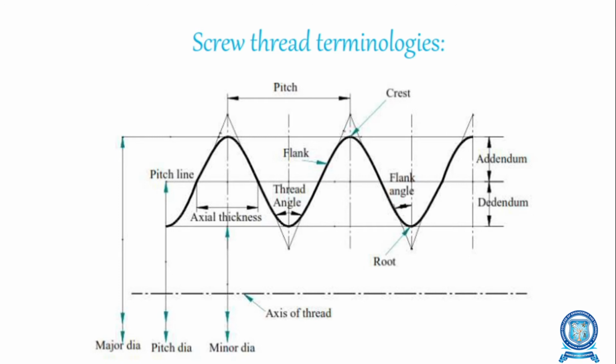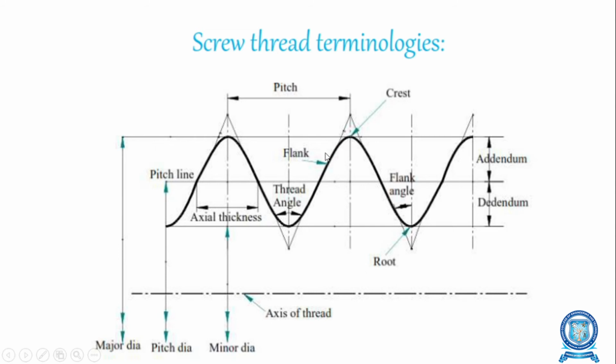Already I told, a screw thread is a continuous helical groove of specified cross section produced on the external or internal surface. Okay, the next one is crest. Here the crest is the top surface joining two sides of a thread. The two sides are joined at a point, which is called a crest.